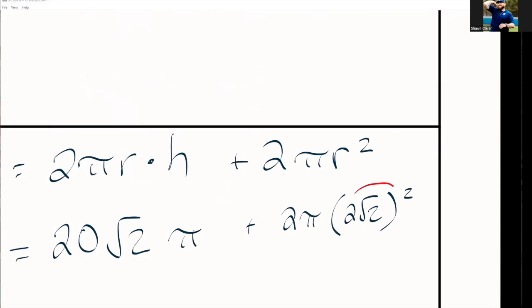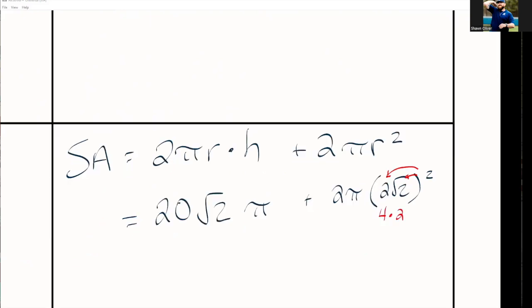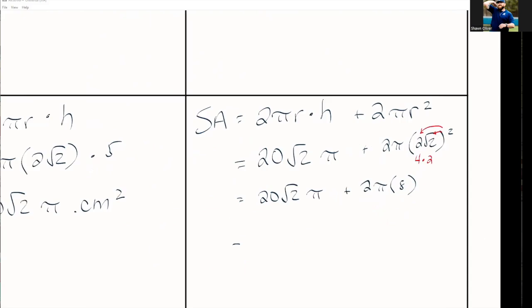That 2 gets distributed into both terms. So that's 4 times 2. 20 root 2 pi plus 2 pi times 8. So we get 16 pi plus 20 root 2 pi centimeters squared.